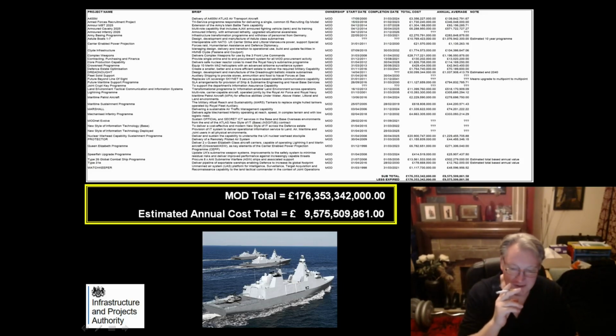There is one particular point that I will pick up on though, and that is in regard to something that I can say because essentially it's old technology that we're talking about here. They've got something called the Future Beyond Line of Sight project.